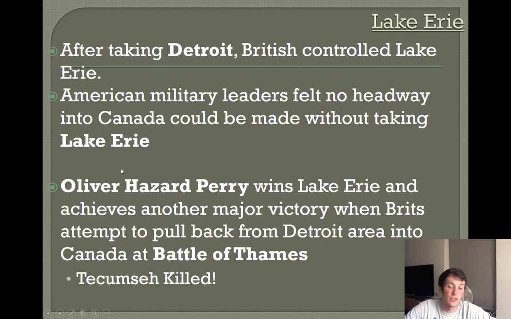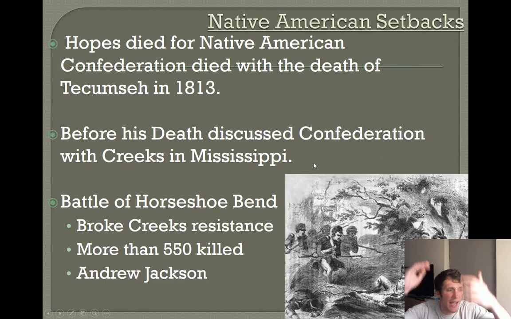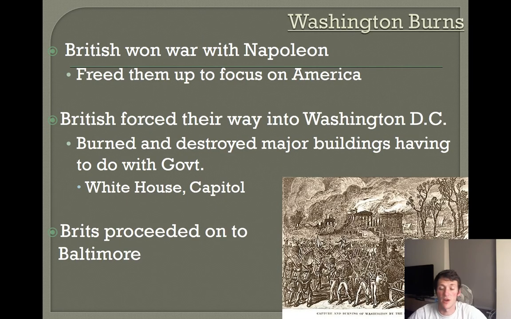And this is actually going to be where Tecumseh is killed, who's this leader of this Confederacy of Native Americans who really just didn't want the Americans heading west anymore and kind of going against them. And it's going to really end these hopes of these Native Americans. The Confederation is going to kind of die with Tecumseh, and you're going to have more fighting with Native Americans down south under Andrew Jackson.